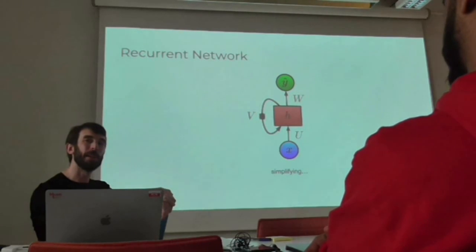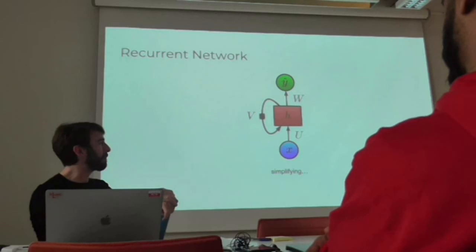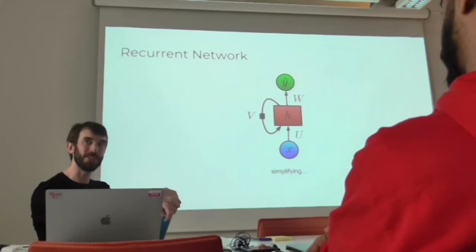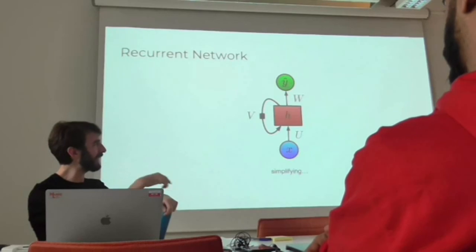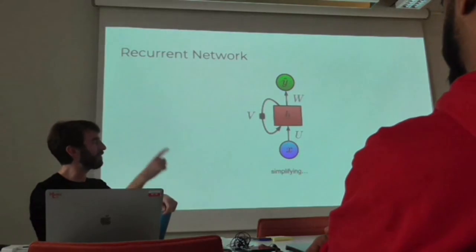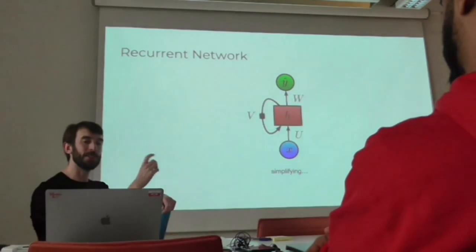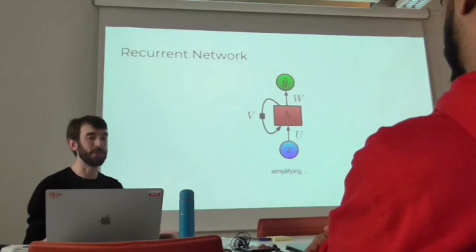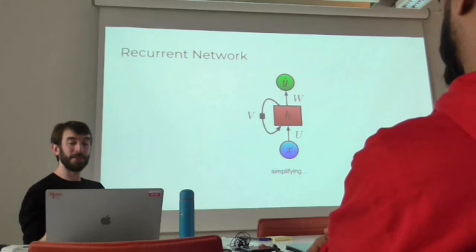So all of these are matrices of weights that would be applied to the vectors. The vectors have a lowercase letter and the matrices have an uppercase letter in this notation. So x is a vector, h is a vector, y hat's a vector, and u, w, and v are weights that are applied to each of those vectors. I'll show you how that would work in a minute.